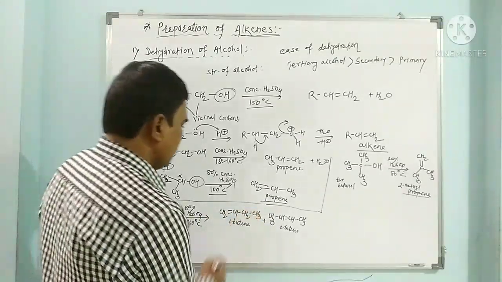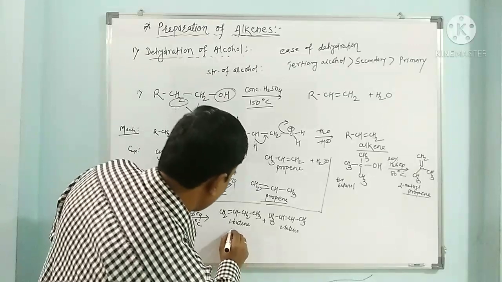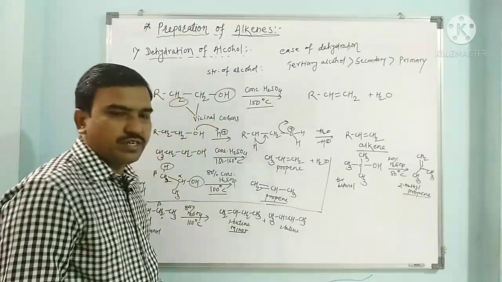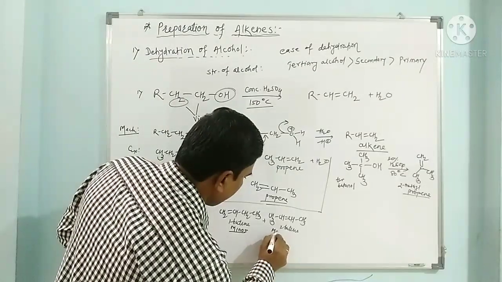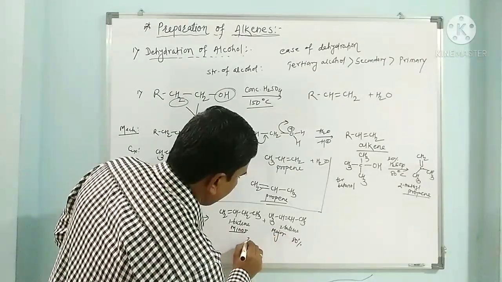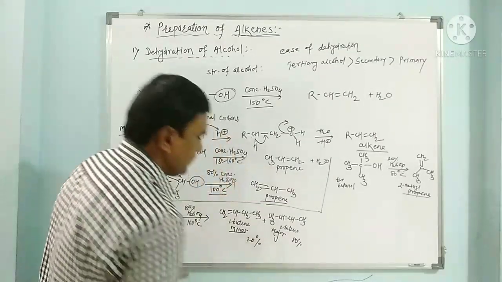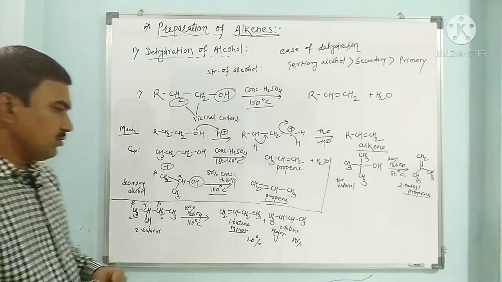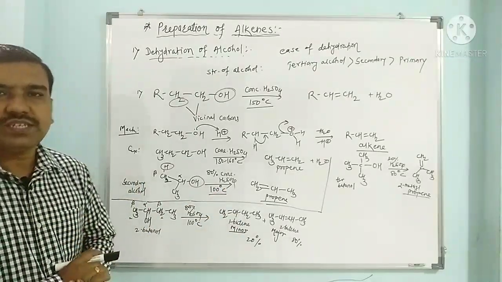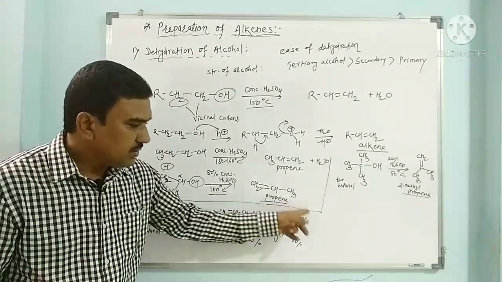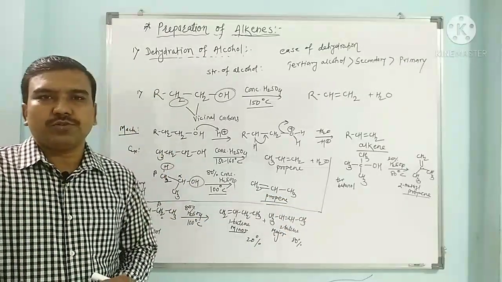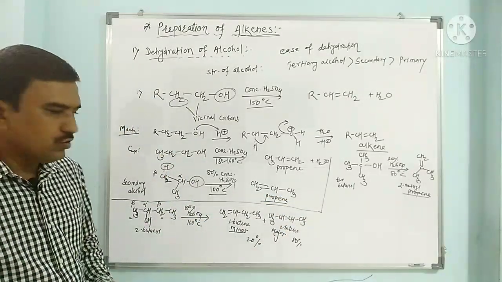Here this 1-butene is the minor isomer, around 20%, while this is the major, 80%. Now, why is it so? This follows Saytzeff's orientation. Saytzeff's rule states that more substituted alkenes have a major proportion in the product because they are more stable.